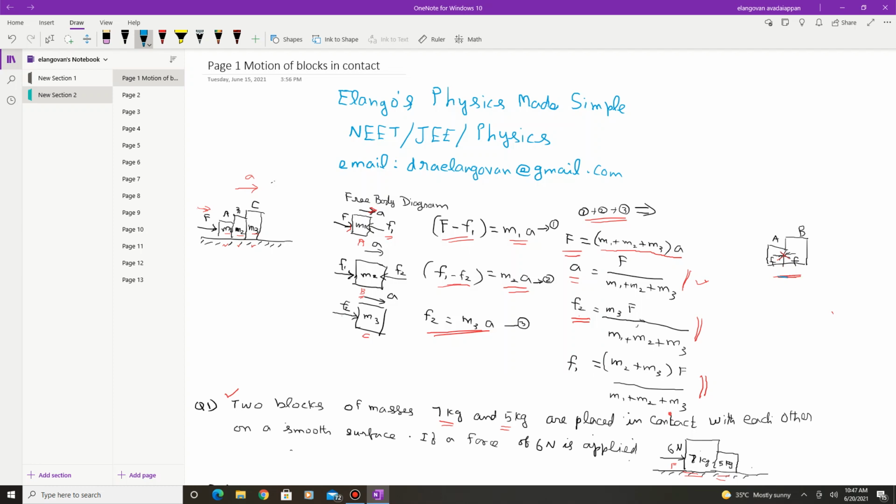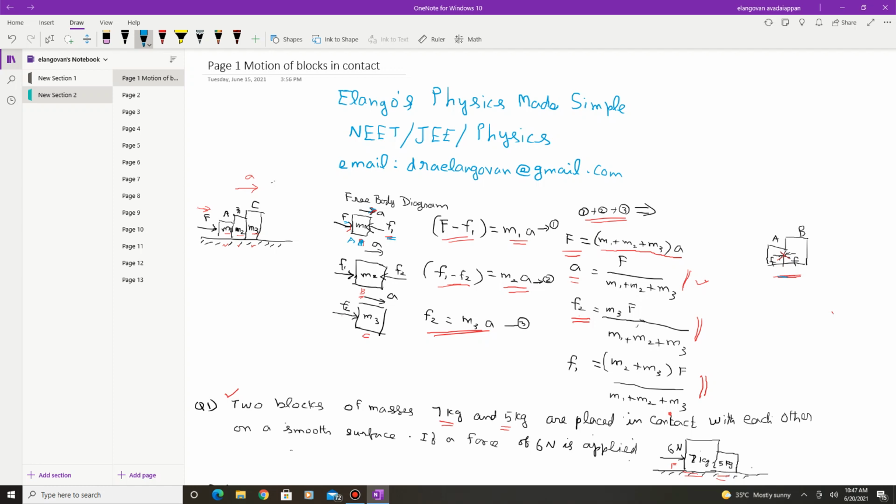Now, let us consider the free body diagram for each mass. First, consider the block A. This is your block A, having mass m1, and the force is F. Capital F is the force acting on the block of mass m1, and it is moving with an acceleration A. Now, this small f1 is called the contact force.